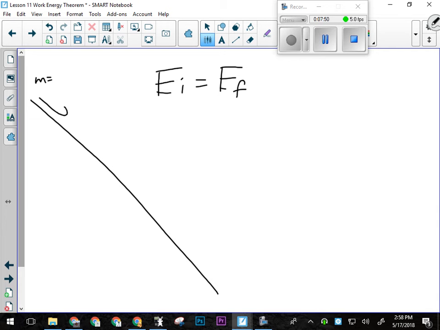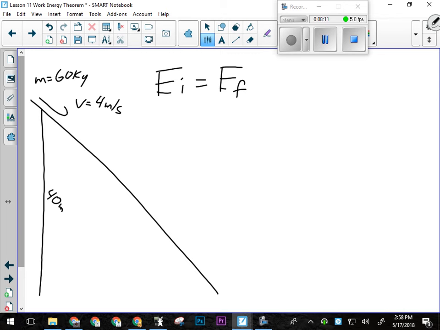So the mass is going to be, let's say, 60 kilograms, and we're at the top of this hill, which has a height of 40 meters. Here at the top of the hill, let's say the sled is moving at 4 meters per second.